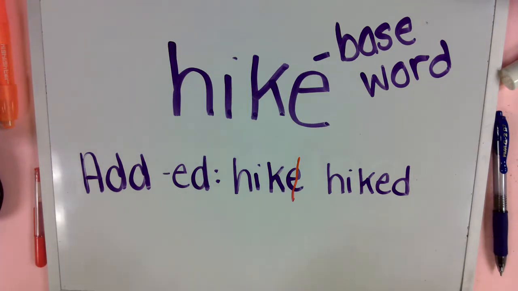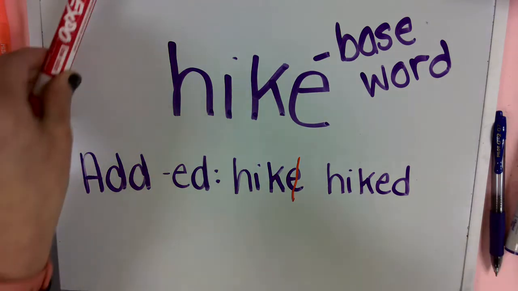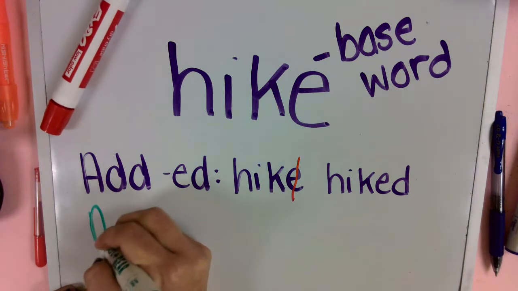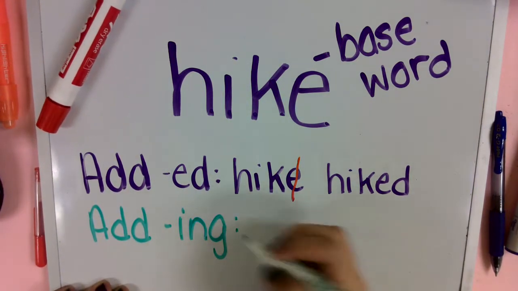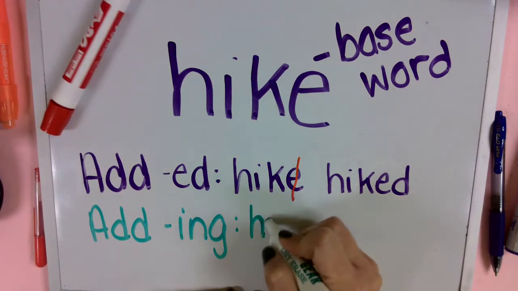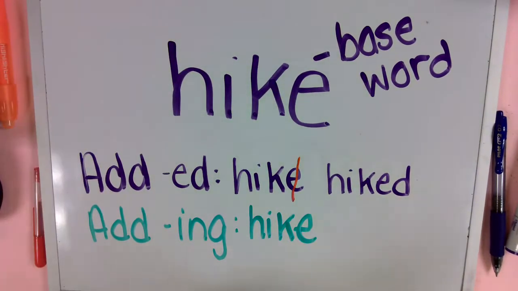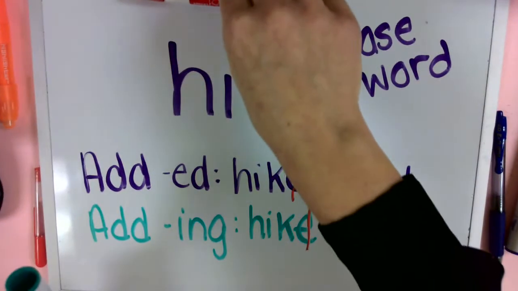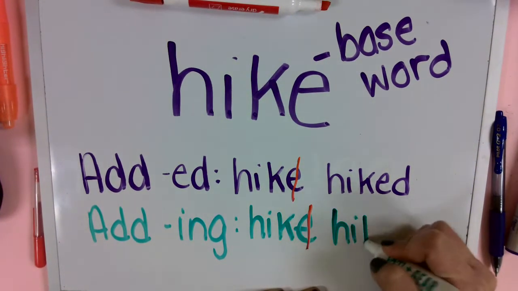So your next one with this is going to be hiking. So I'm going to change my colors so you can see the difference. So add ing to the word hike. Now we're going to take away that e, which is silent, and we're going to add ing to it to make hiking.